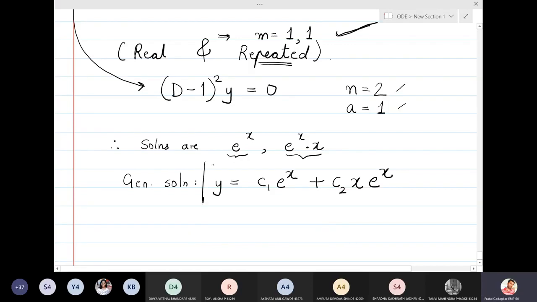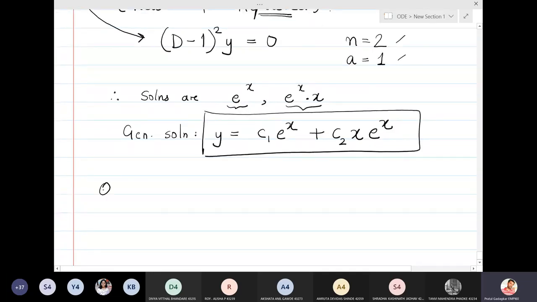Let me take one more example so that it will get more clear to you. Take a question saying solve (D minus 2) cubed y is equal to 0.